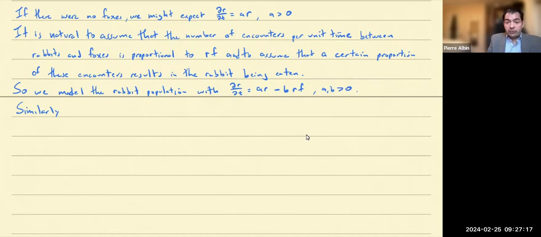Also, that the more encounters there are between foxes and rabbits, the more foxes we'll have. So we model the fox population with dF/dt equal to minus c times F plus d times R times F, with c and d positive constants.